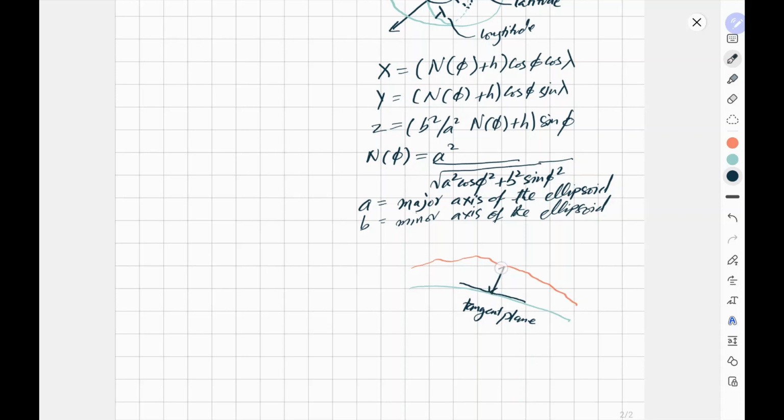This is the correct definition of height: it is actually the height of the datum, ellipsoid datum, from the topographic surface. This red is topographic surface. This is ellipsoid.